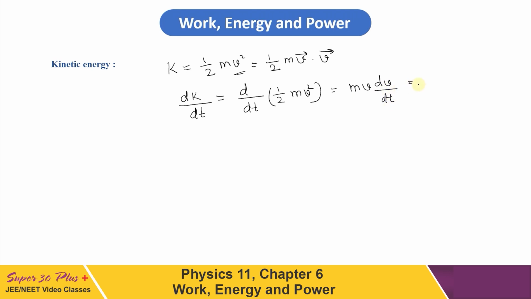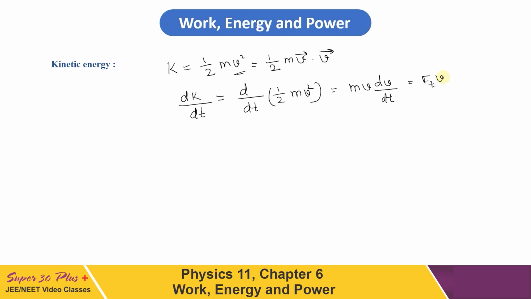So it is equal to tangential force with speed, or velocity always has to be tangential, so it is the magnitude of velocity multiplied with tangential force only. Do not write the whole force, because only tangential force can change the speed.